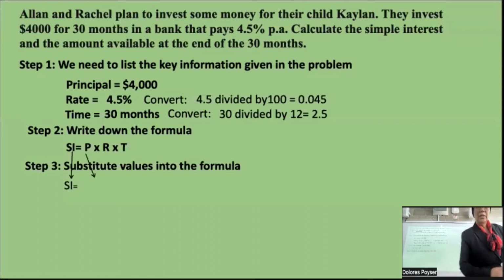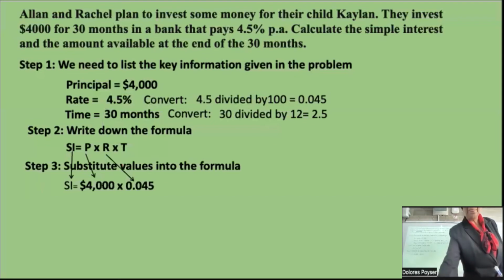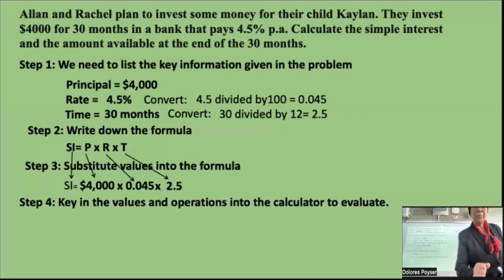Then the principal, we get it from the first step there, 4,000. The next one, we have the rate, which is 0.045. And the time, which is 2.5. Okay. Step 4, key in the values and operations into your calculator, and the calculator will give you the final answer.